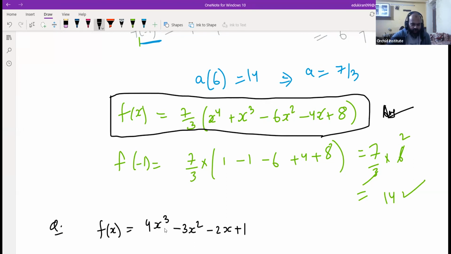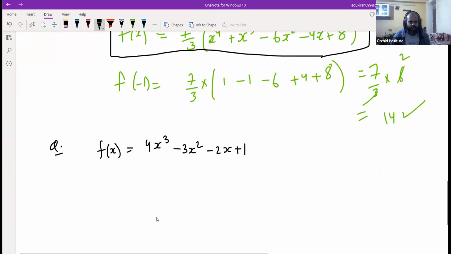In order to factorize this, you should remember the concept that if it has rational roots, then they are the factors of the constant term, which is only 1 here, over the factors of the coefficient of the highest power, that is 4. So that could be 1, 2, or 4, with a plus minus sign.